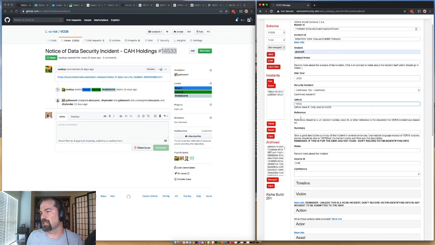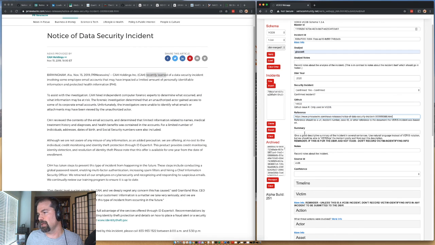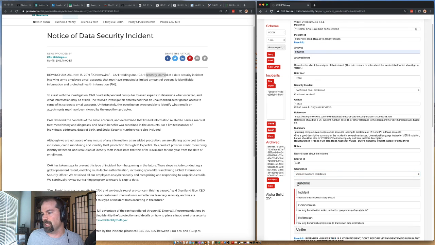Give it the GitHub number, our reference ID. Phishing compromises multiple email accounts leading to disclosure of PHI and PII in those accounts. Okay, confidence, medium.